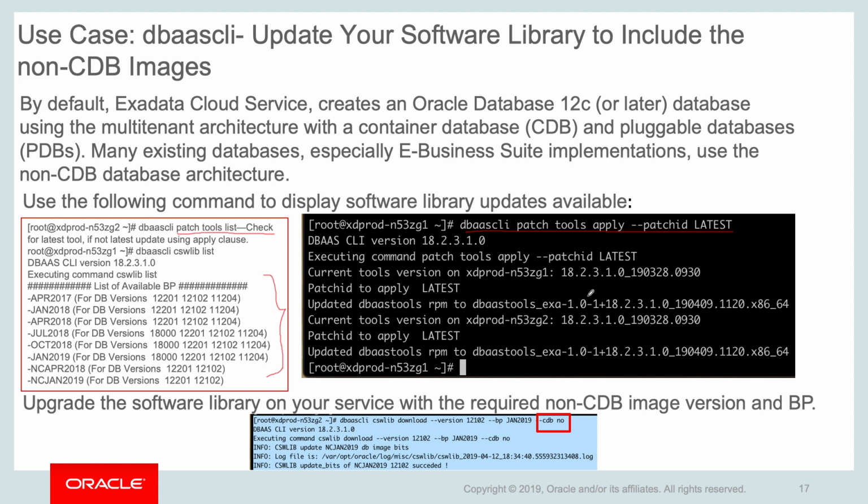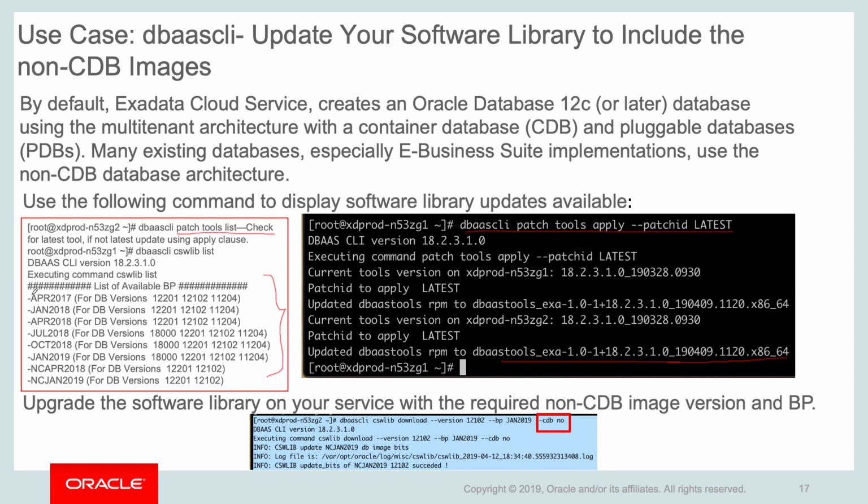The cloud tooling patches always get changed. In my case, this is the latest one, and it updated the Debus tools RPM to this particular latest one using this command. Another thing is patch tool list.